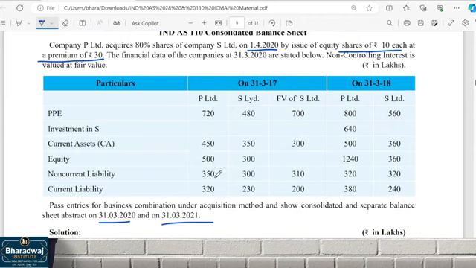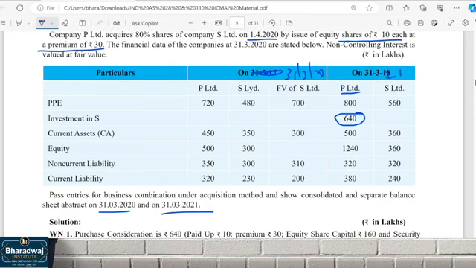They have given plant, property, equipment, investment. Who made the investment? P Limited made the investment. On what date? 1/4/2020 is when the investment was made. This is 31/3/2020. This is 31st March 2021.